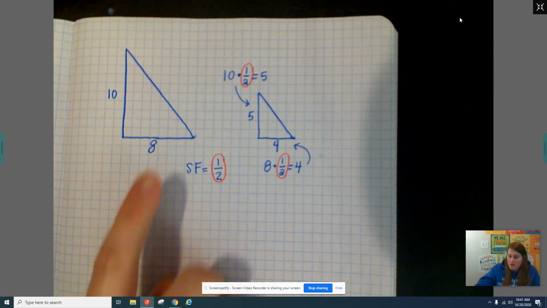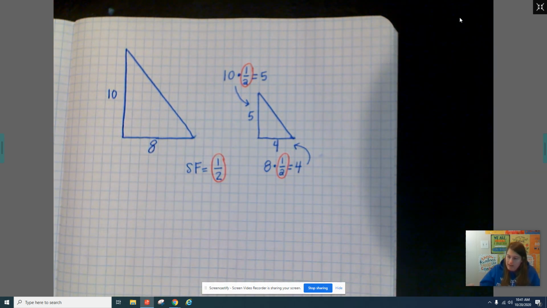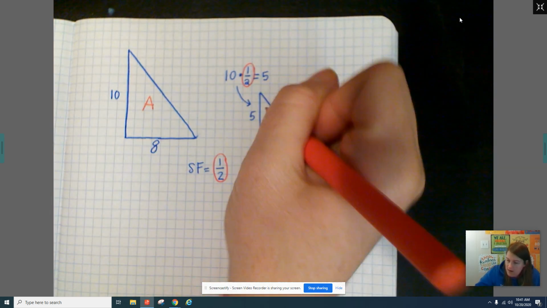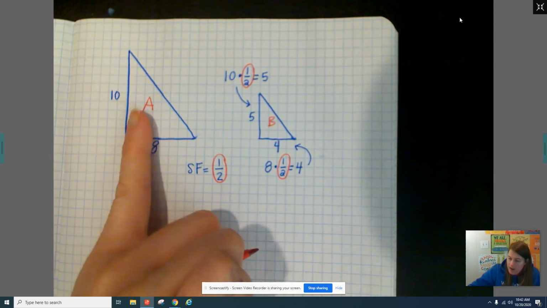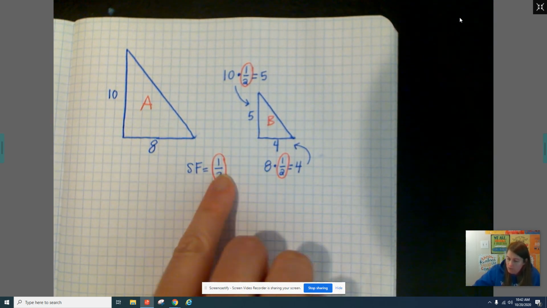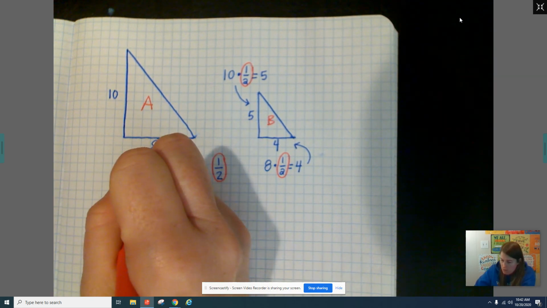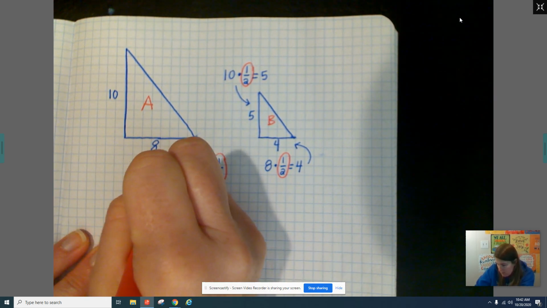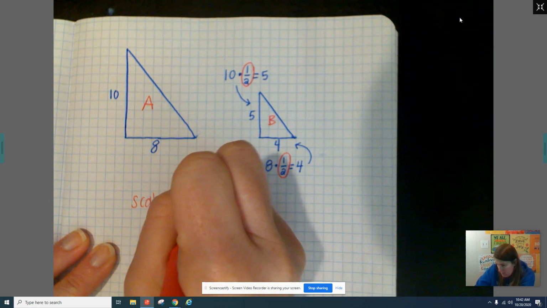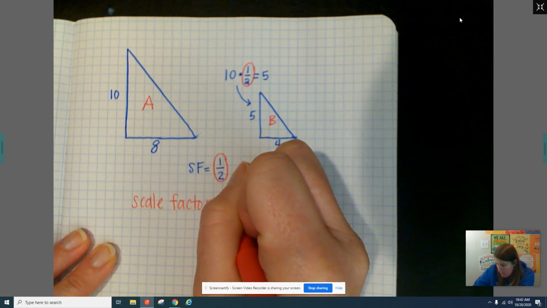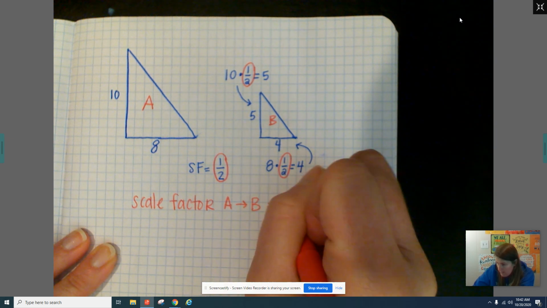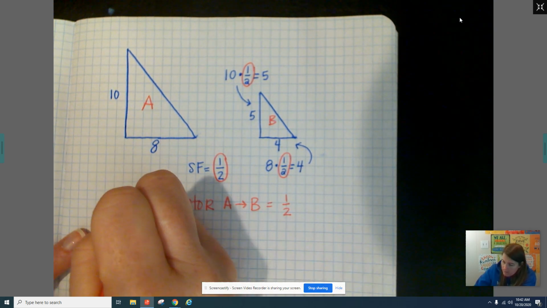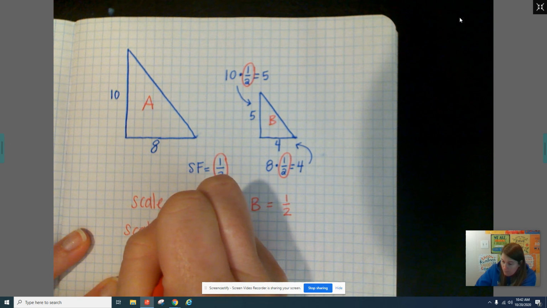Let me show you. Let's say that this is figure A and figure B, the scale factor from A to B is 1/2. I told you that. I wrote it right there. So we'll write that down. Scale factor from A to B is 1/2. Well, what is the scale factor from B to A?